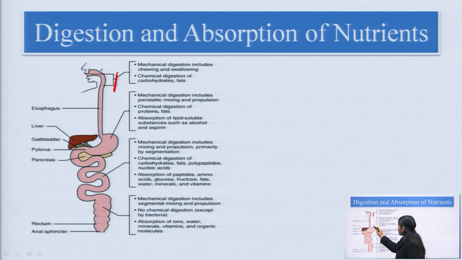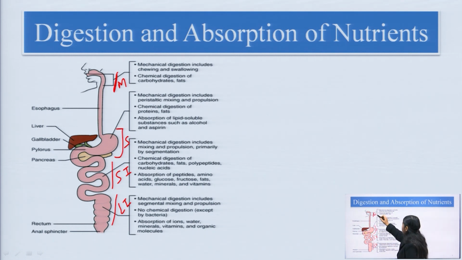Then there is the stomach, then a third region which is the small intestine, and the fourth region is the large intestine. See the differences in the digestion and absorption occurring in these four parts.